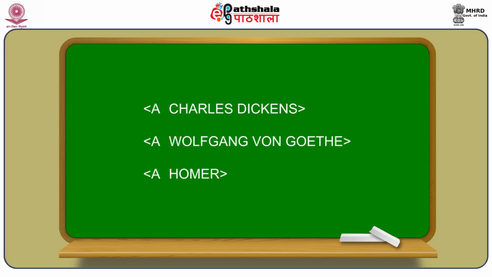So whenever the code A is used within angle brackets, for our purpose or understanding, it means that this particular character put within angle brackets stands for author.